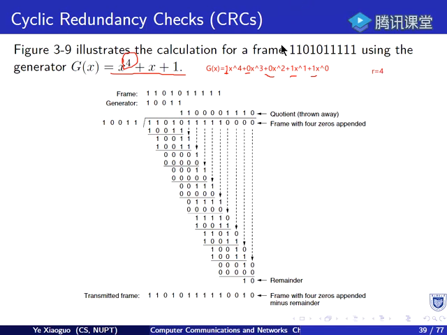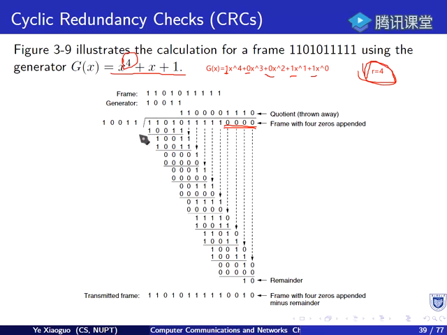Then 4 zero bits should be appended at the end of the original frame. Since the high order is 4, then R is 4, so 4 zero bits should be appended to the end of the original frame to be transmitted.